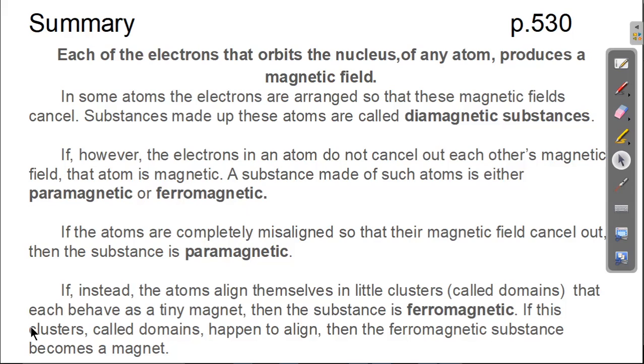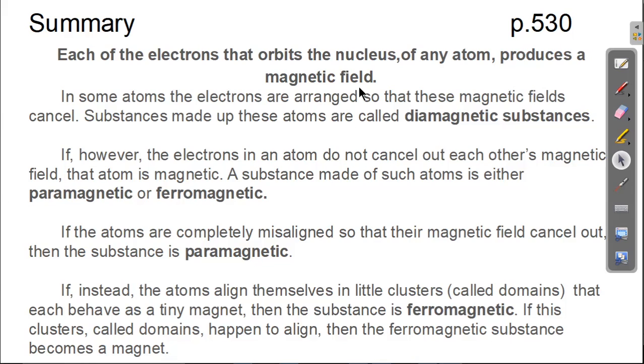If instead the atoms align themselves in little clusters called domains that each behave as a tiny magnet, then the substance is ferromagnetic. If these clusters called domains happen to align, then the ferromagnetic substance becomes a magnet.